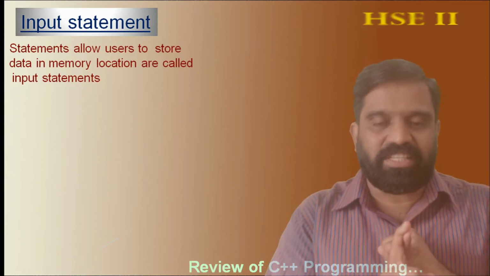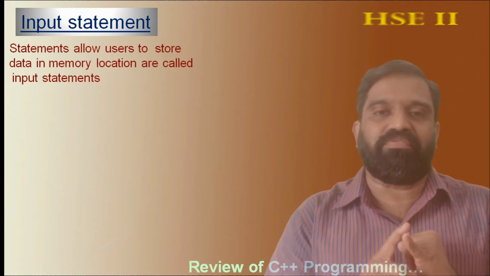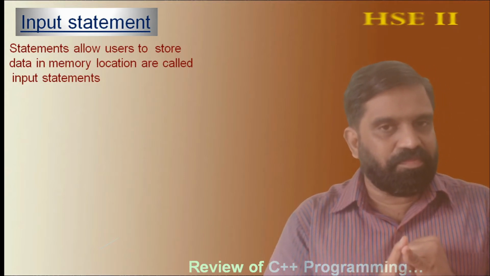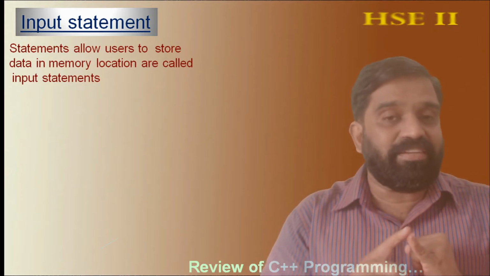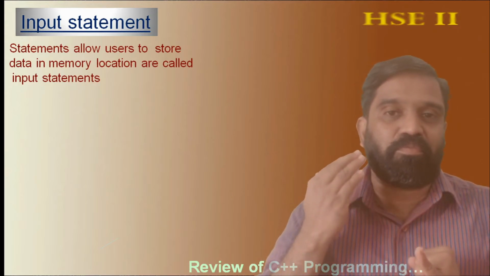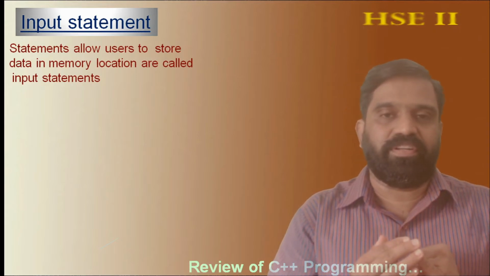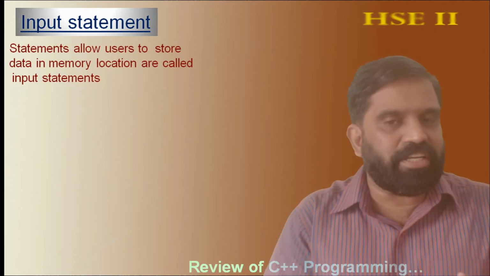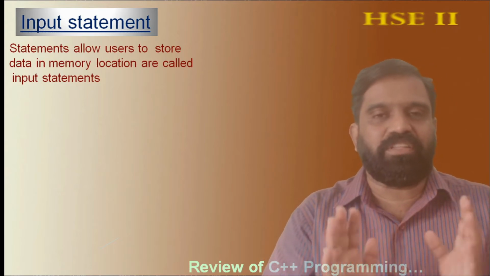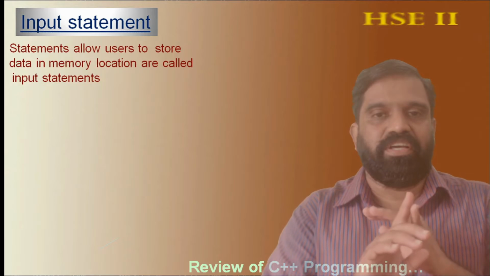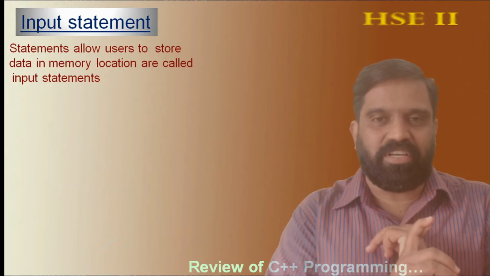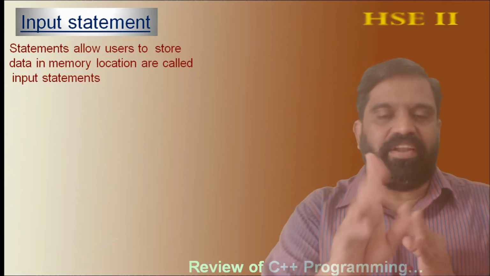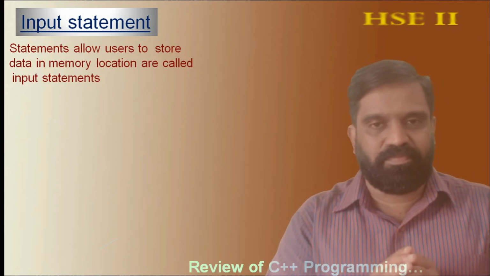So cin is nothing but a predefined identifier which represents the object keyboard, and the get-from operator can be used for performing the input action. And where we have to give the data, where we can store the data in memory. So three things we have to identify: cin represents keyboard, the get-from operator, and a variable required to store the data.